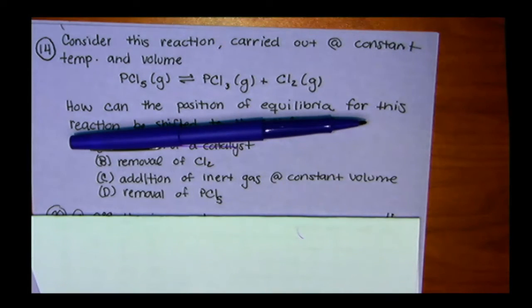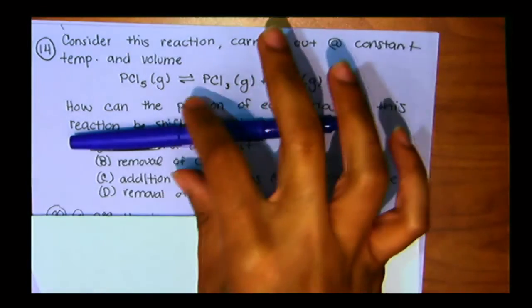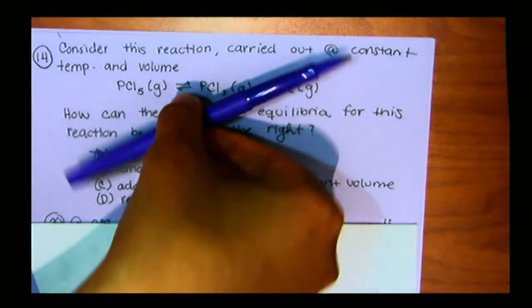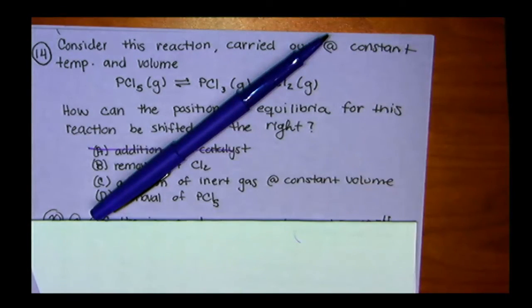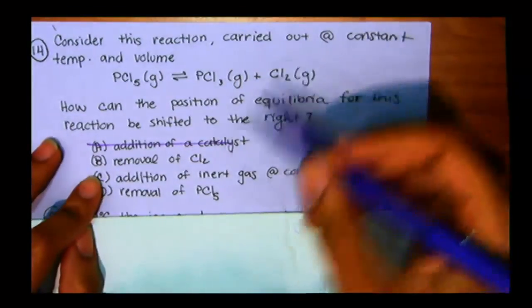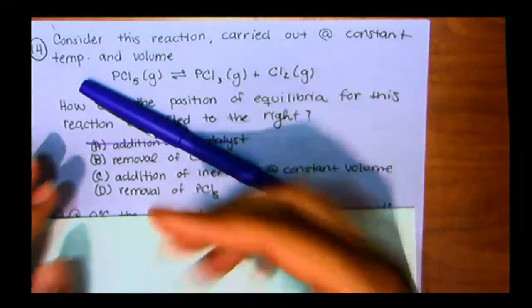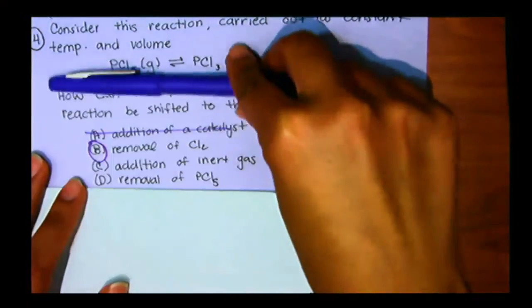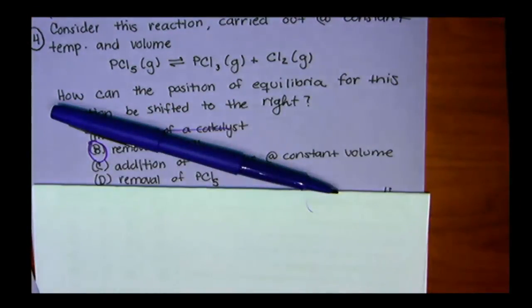If I increase my reactants, my ball's going to roll to the left. And I've been doing this for 4 years now. So removal of Cl2 is going to cause it to go to the right. I found my answer. I decrease the concentration of Cl2, it shifts to the right. I can double check with removal of PCl5. If I remove it, I decrease the concentration, it's going to shift to the left. I know that's not it.